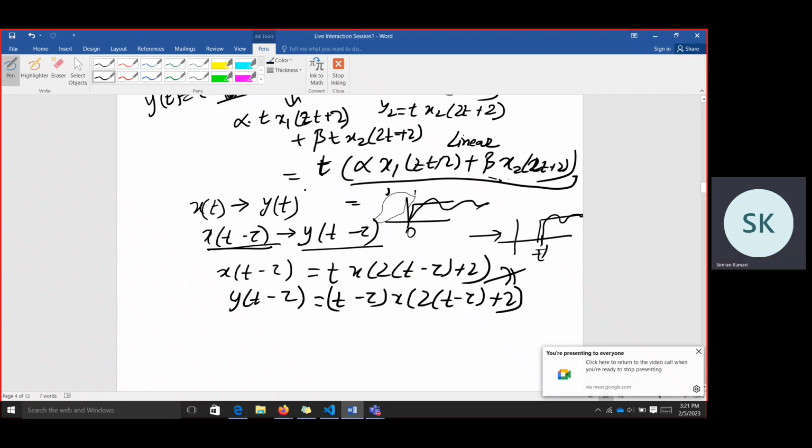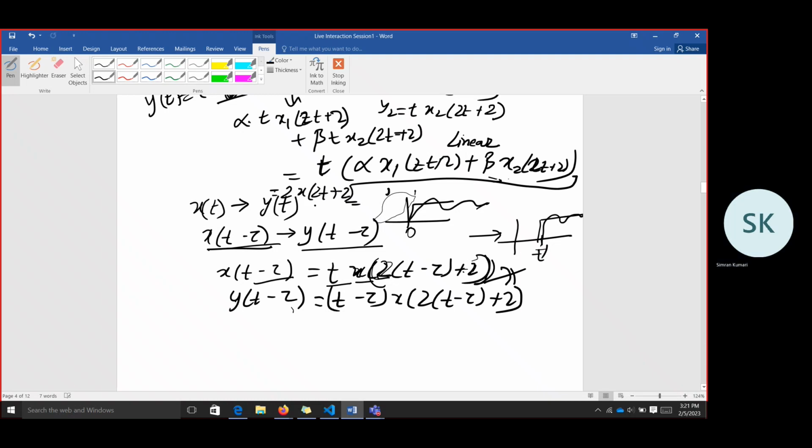Now, if we apply x(t minus tau), since x is a function of t, this will give 2(t minus tau) plus 2, because the actual function was y(t) equal to 2t plus 2.